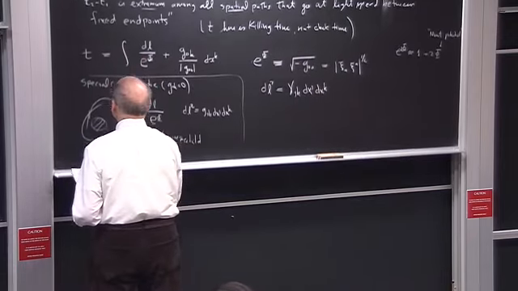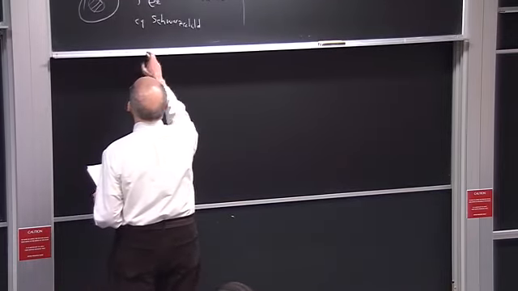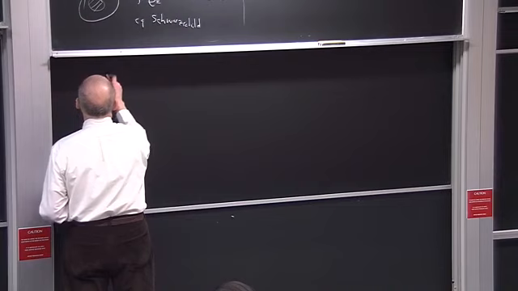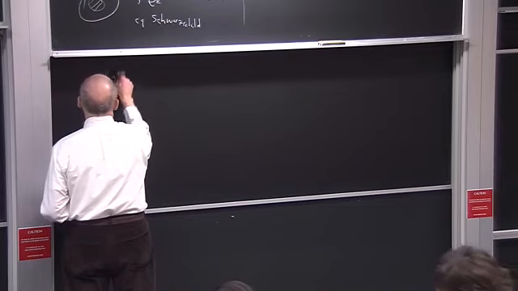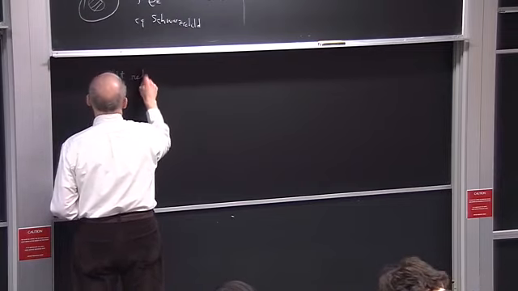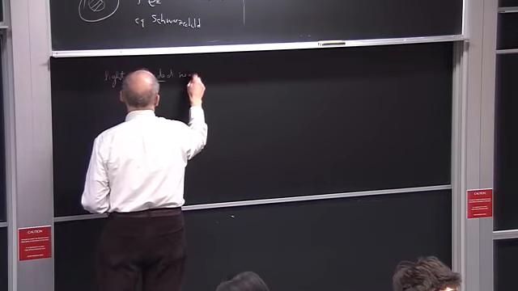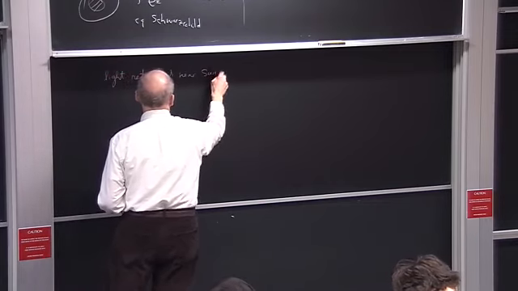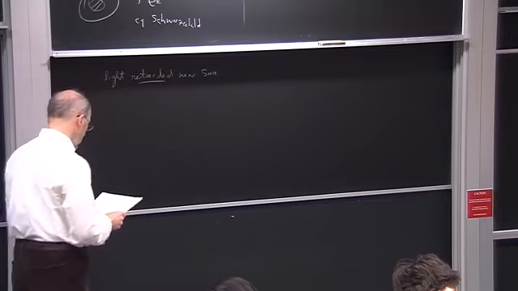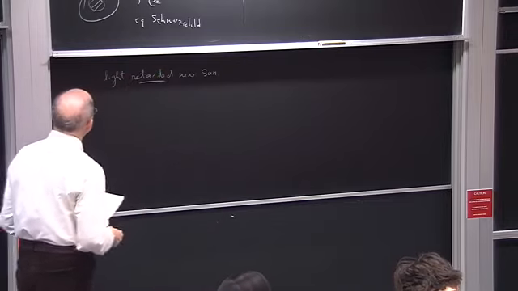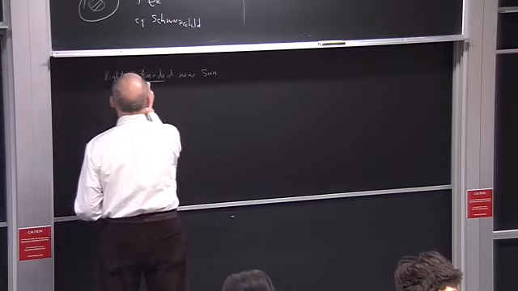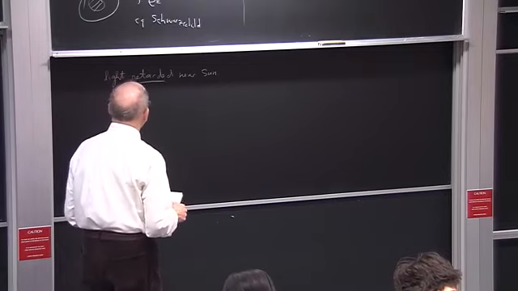So maybe I will write that. We see from that first thing that light is retarded near the sun or any other thing that would be attractive, which it always will, because it's a positive mass.